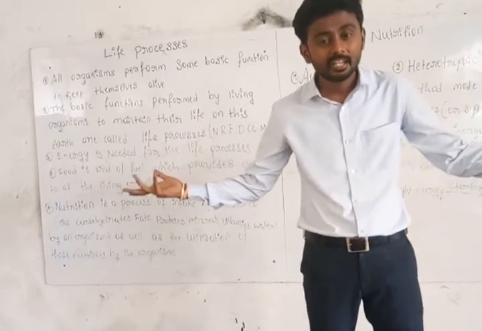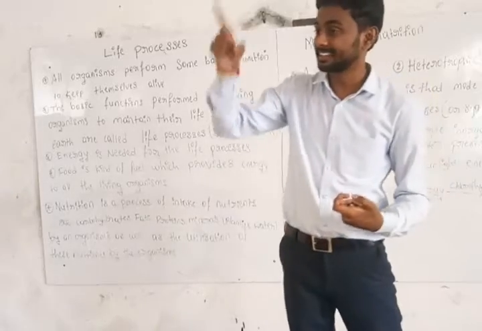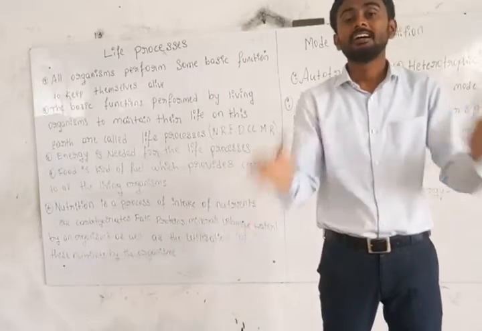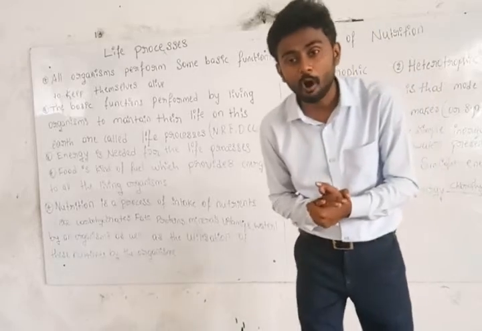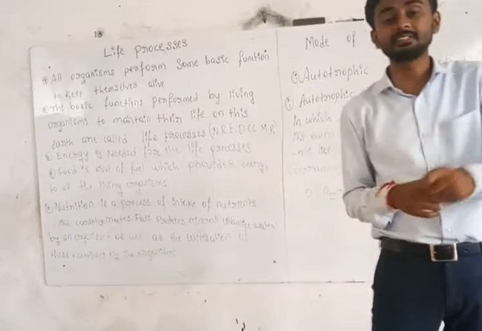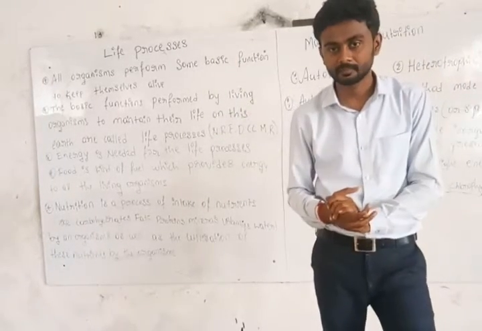Correct or not? On the basis of non-living characters, we identify this one is a non-living thing. With the help of the characters, we identify this one is a living thing, this one is a non-living thing.